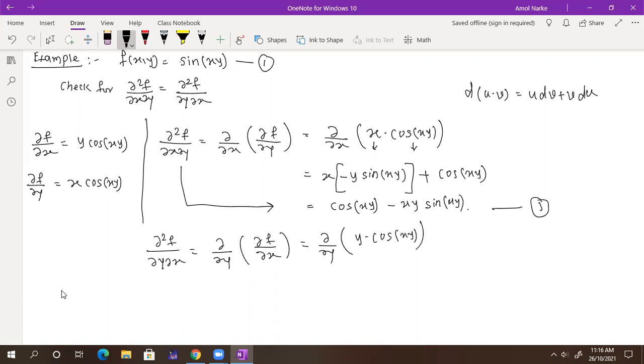Now again use the same thing. So first y as it is, times the differentiation of cos xy with respect to y. Tell me, what does it come to? Minus x sin xy.